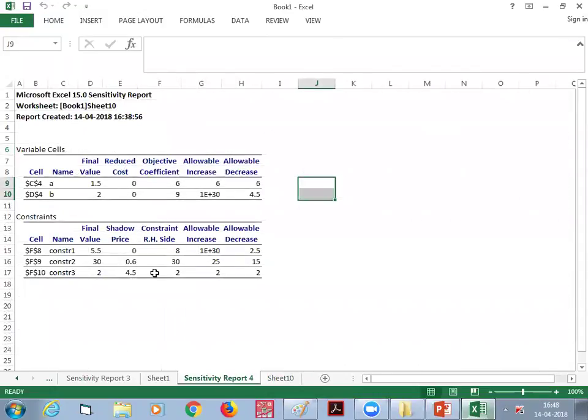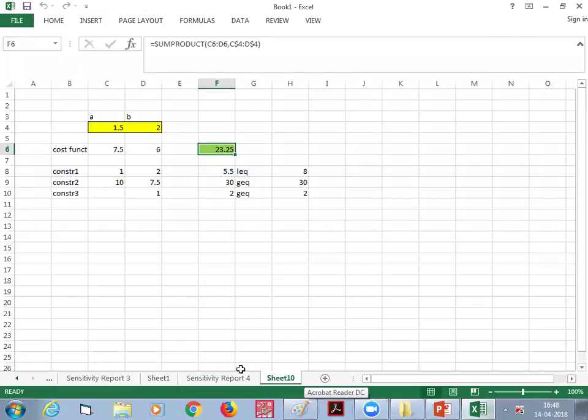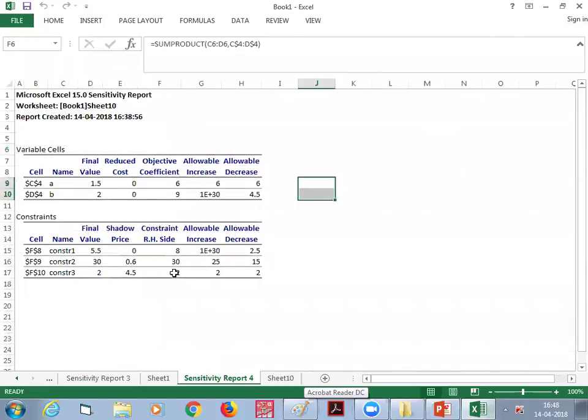Okay, right-hand side of constraint 3. Anyway, I've done that. So if it's increased by 1, the optimal objective function value increases by 4.5. The cost increases by 4.5. By the way, this is also often called the marginal cost. When you want to calculate marginal cost or anything, this is how it's done. Make a cost function, and this is our marginal cost.